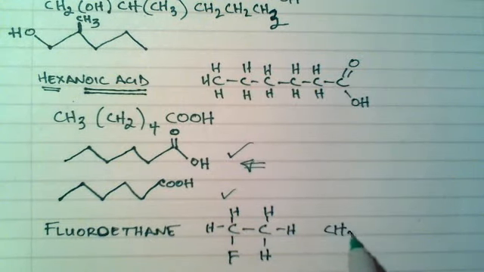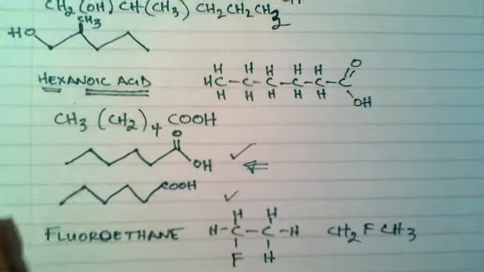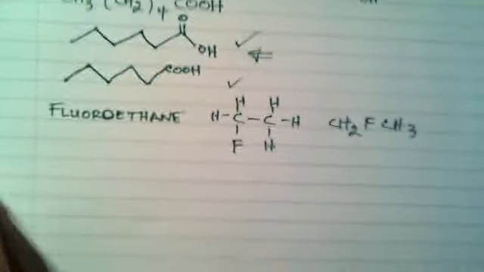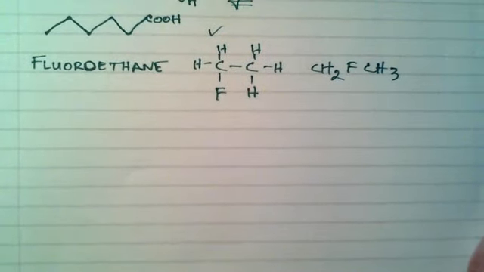We'll say that's CH2F, CH3. We know this guy is not inline, part of the backbone, like it doesn't go carbon, fluorine, carbon. So you don't have to put it in brackets. It's not necessary. Oh, sorry. What's next on our list?